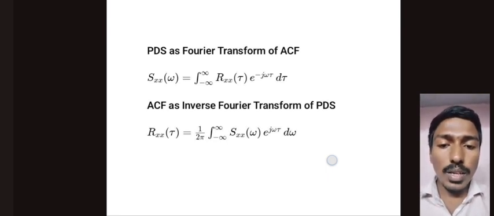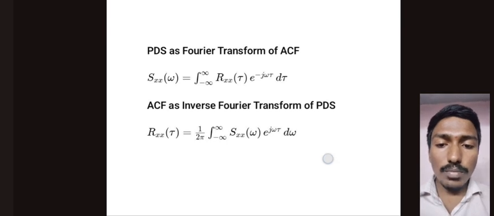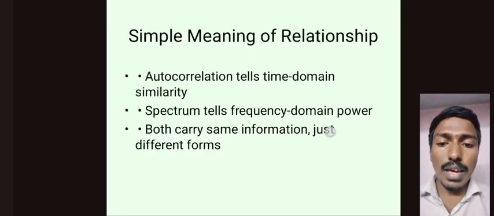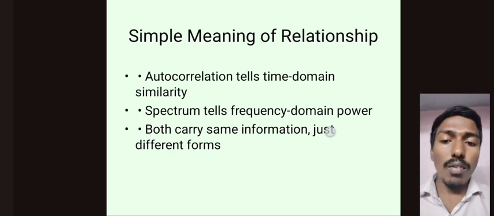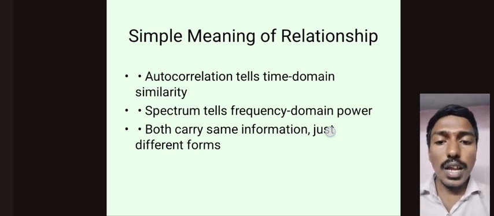In simple meaning, the relationship tells that autocorrelation gives time domain similarity, while the spectrum tells frequency domain power. Both carry the same information, just in different forms. The spectrum is the Fourier domain power, and autocorrelation is the time domain.